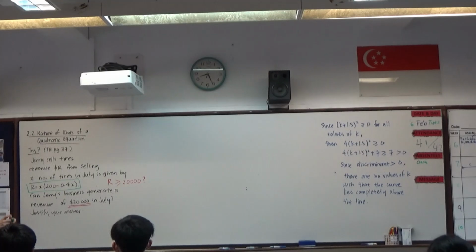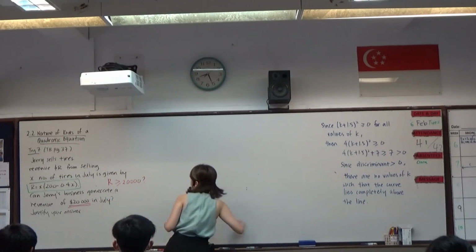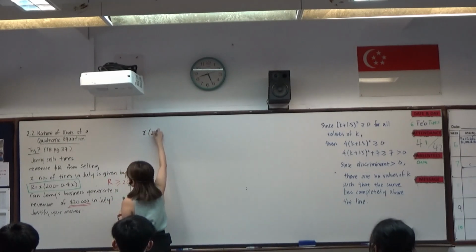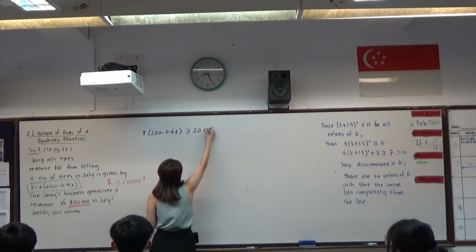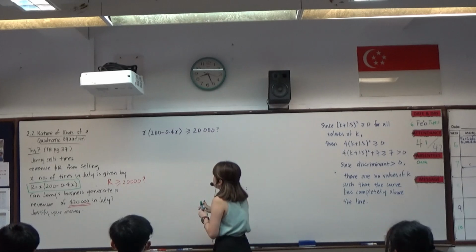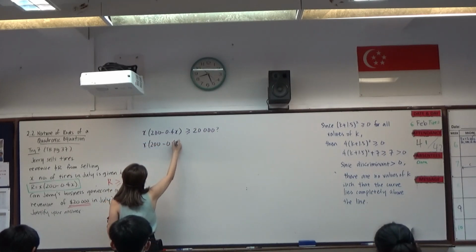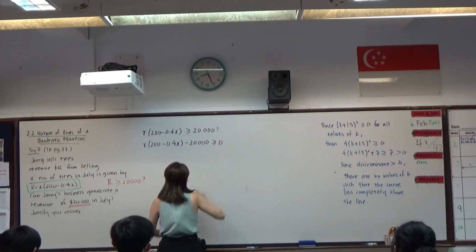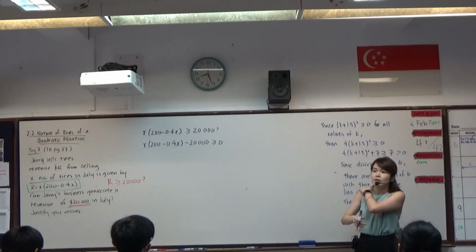So I can also say our expression here, x times 200 minus 0.4x, is it going to be more than or equal to this? In other words, I'm trying to check whether this is true or not.